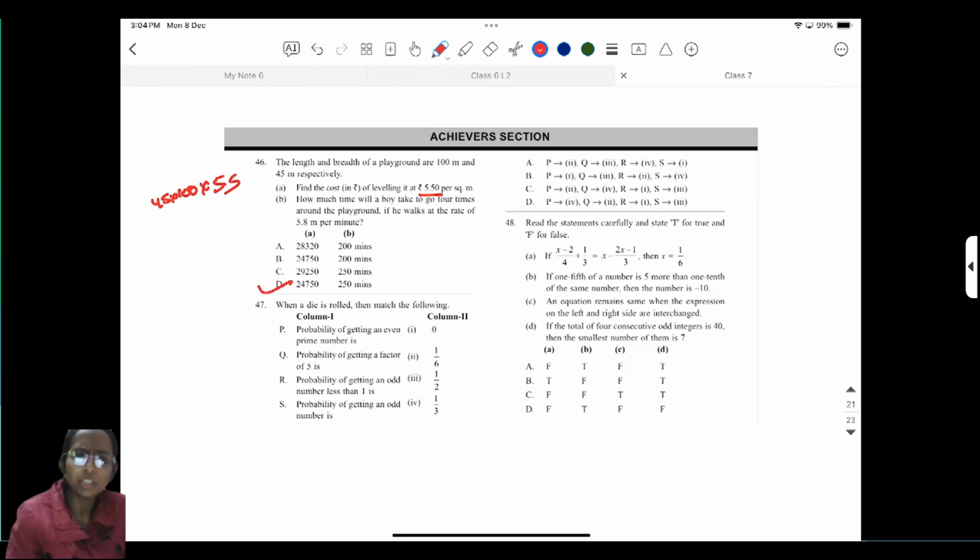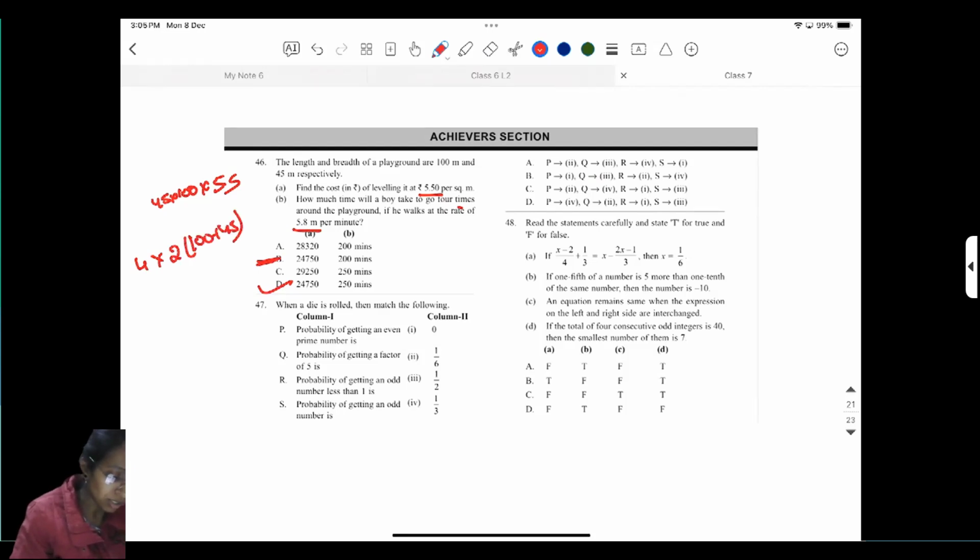We need not solve the second part also. No, we need to, because there are two such options. How much time will a boy take to go 4 times around the playground if he walks at the rate of 5.8 meters per minute? So he needs to take 4 rounds of the total perimeter, that is 2 into 100 plus 45.